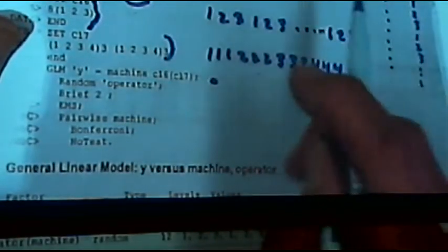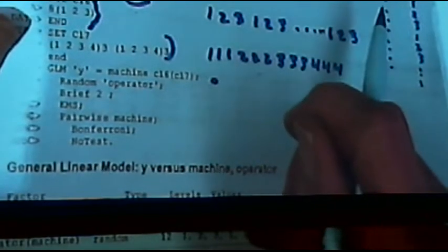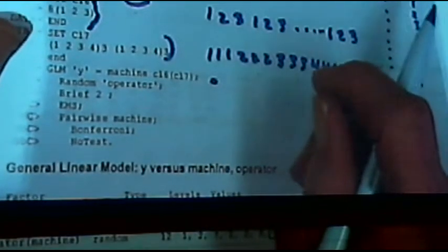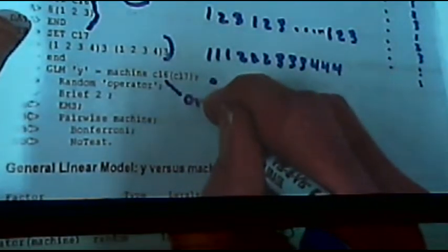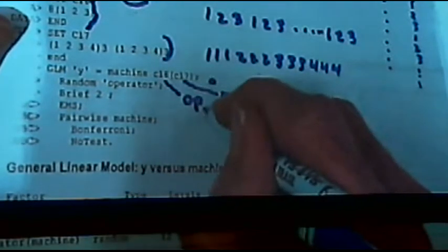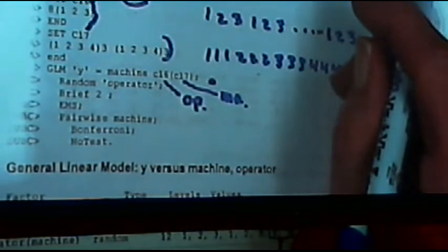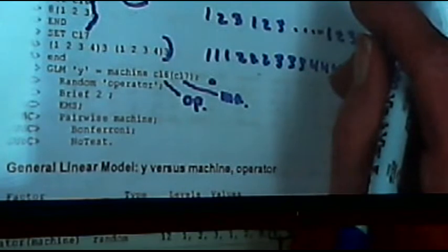In this particular problem, operator is 16, and it's nested in 17, which is a machine. So 16 is the operator, 17 is the machine. But anyway, notice the parentheses there. That's interpreted by Minitab as nesting.